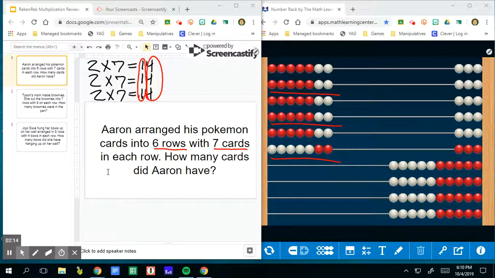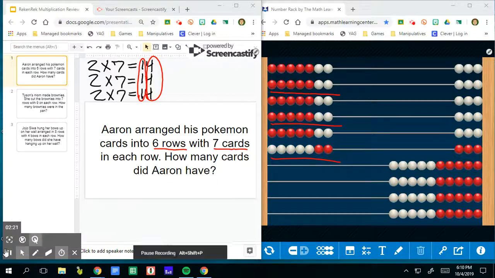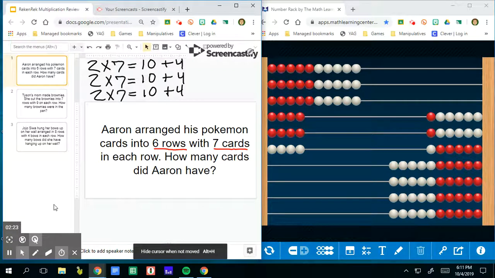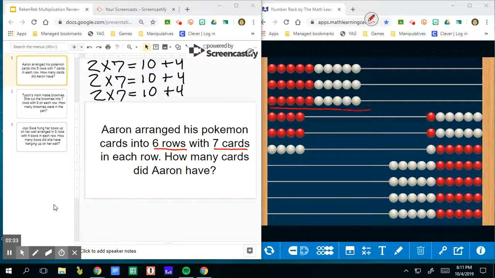So, let's make that on the Rekenrek. So if I think of 14 as 10 plus 4, since I have 3 14s, that means I have 3 10s and 3 4s. Here are my 3 10s. Here are my 3 4s on your Rekenrek. Let's make your Rekenrek look like mine.